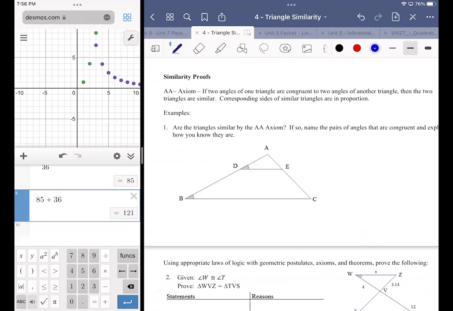So it should look just like this. Angle D and angle B are stated to be congruent to one another. So we have a given: angle B is congruent to angle D. And again, this goes back to what I was talking about before.